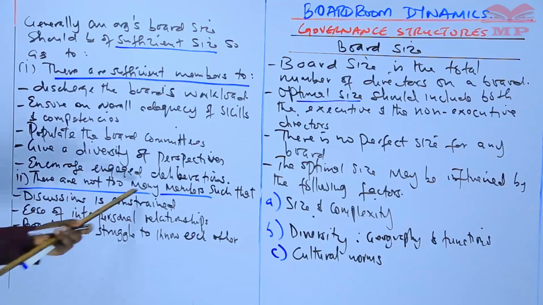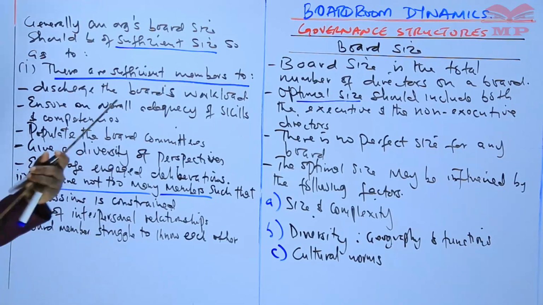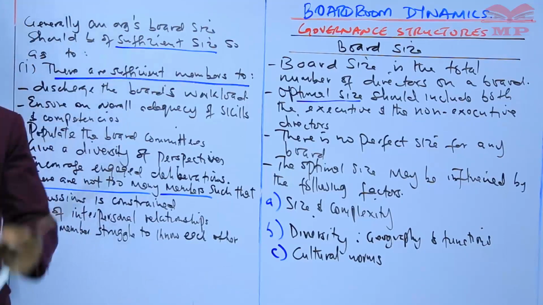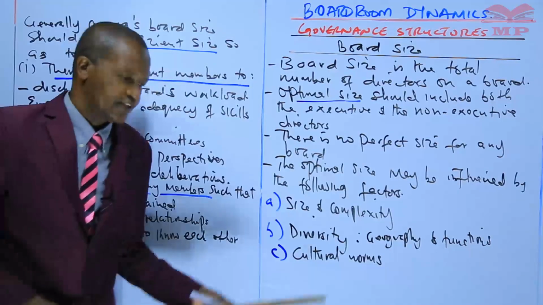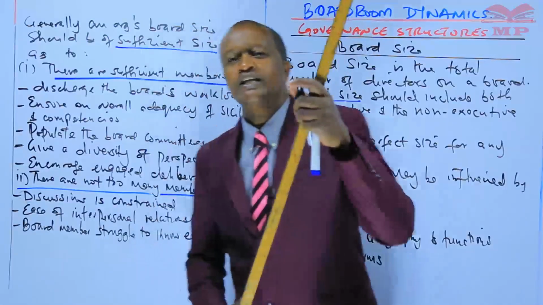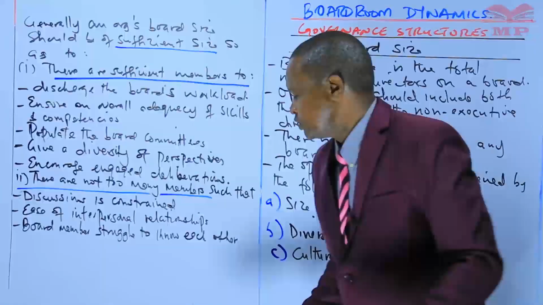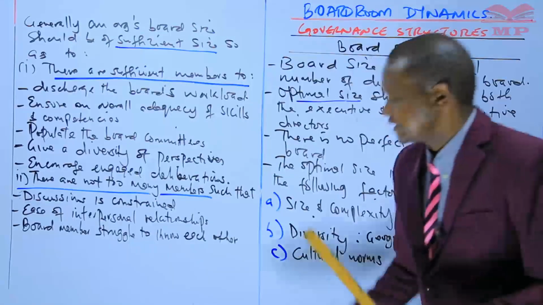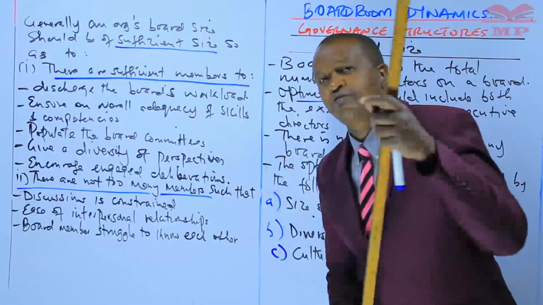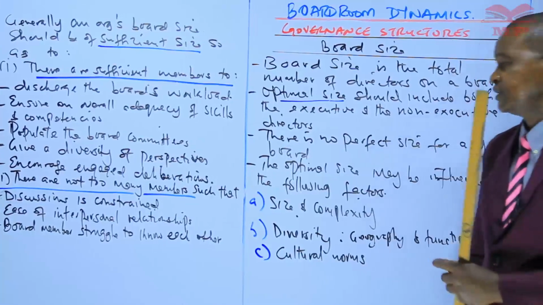Lastly, when you have too many members, the members struggle to know each other. And when members struggle to know each other, then it becomes impossible for the members to develop or to gain trust and confidence, which is very important insofar as board matters are concerned.